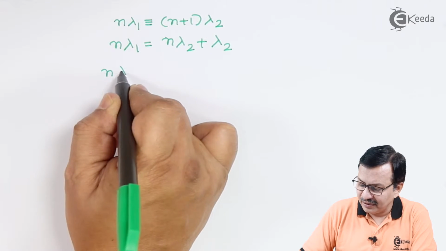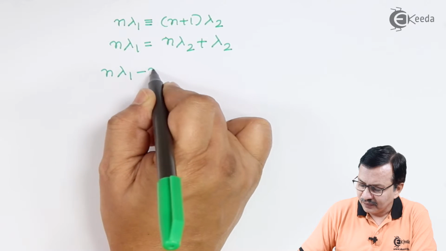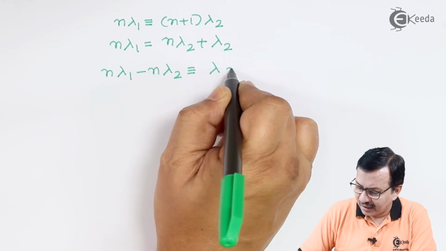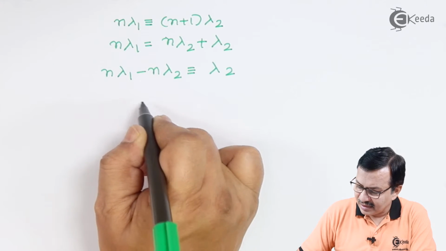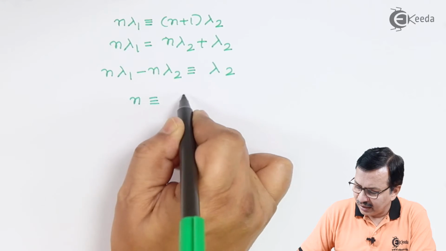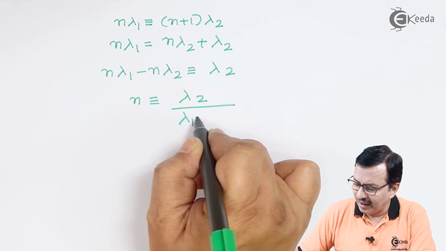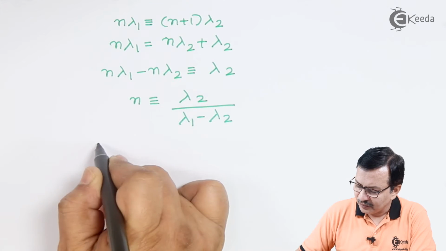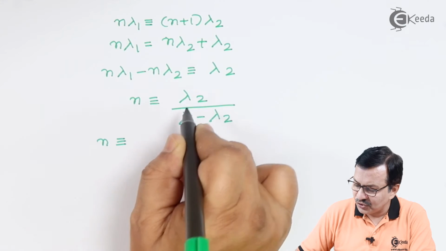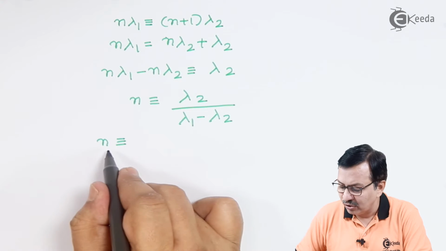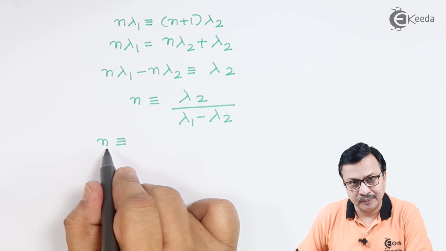We find the difference, n lambda 1 minus n lambda 2 is equal to lambda 2, and hence your n will be equal to lambda 2 divided by (lambda 1 minus lambda 2). We now substitute the values for lambda 2 and lambda 1 and obtain the value for the order n.